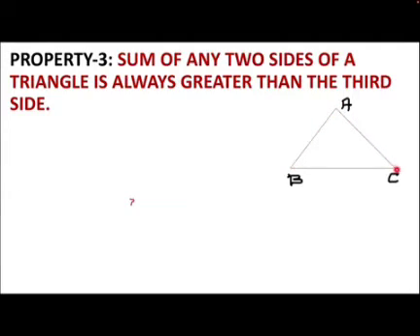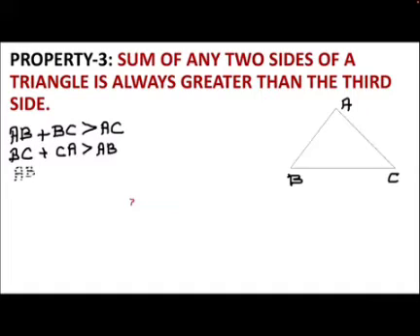Similarly, if you add AB plus AC, their sum should be greater than BC. Likewise, if you add the remaining two sides, it has to be greater than the remaining side. So that is the third property. It says the sum of any two sides of a triangle is always greater than the third side.